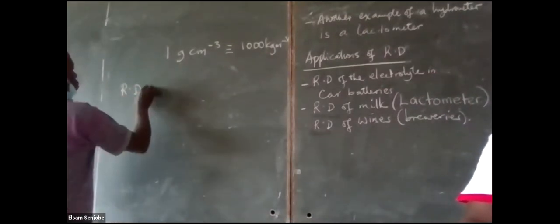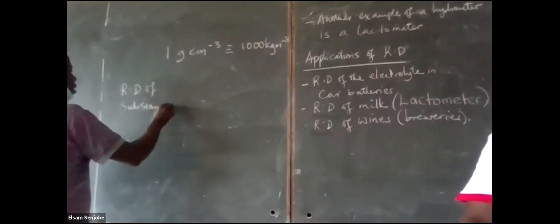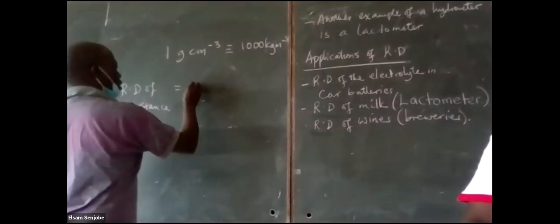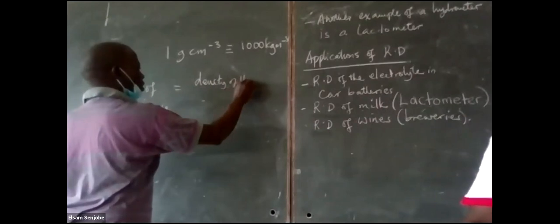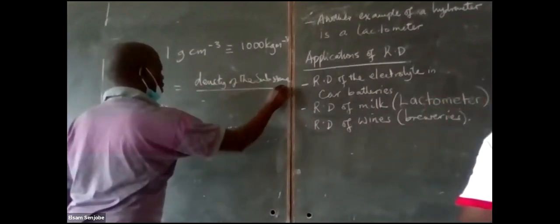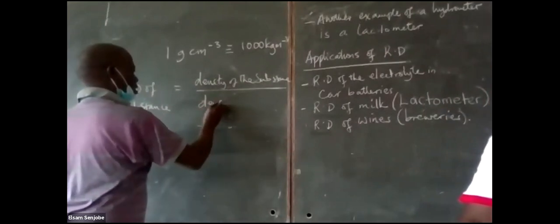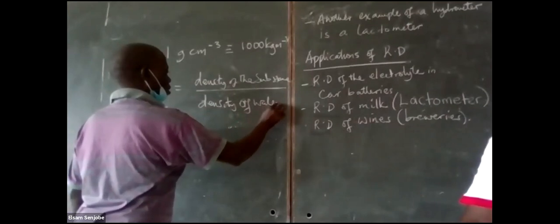of a substance is equal to the density of a substance divided by density of water.